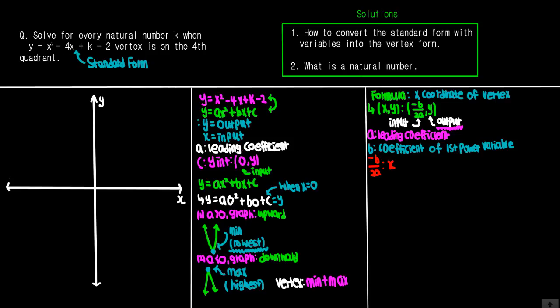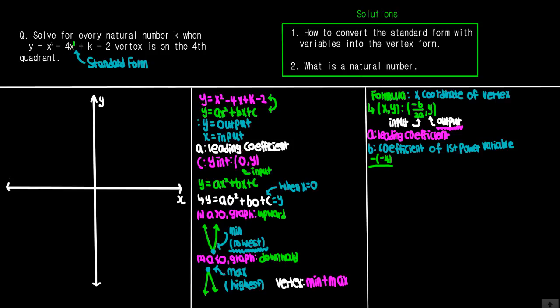Our b value is the coefficient of the first power term. The first power term is x, and its coefficient is -4. So we have negative of -4 over 2a.